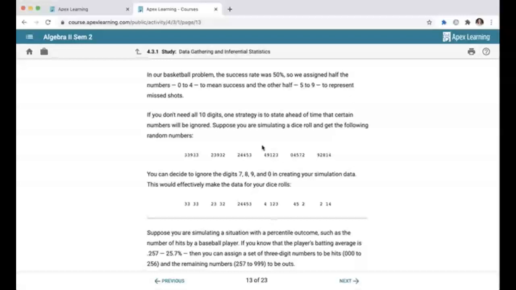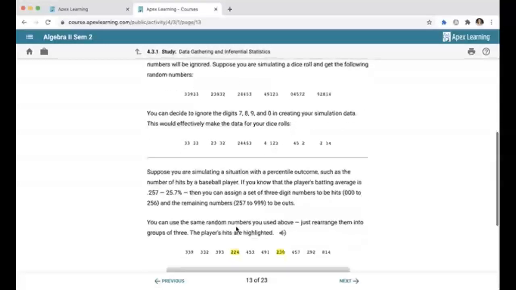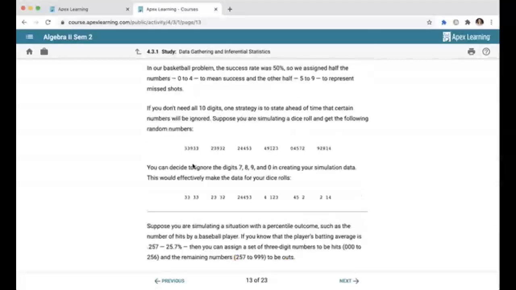So if you have the ability, you can limit the numbers that are used, or you can make that statement up front that if it hits these numbers, we're just going to ignore it. Same thing with the other values.